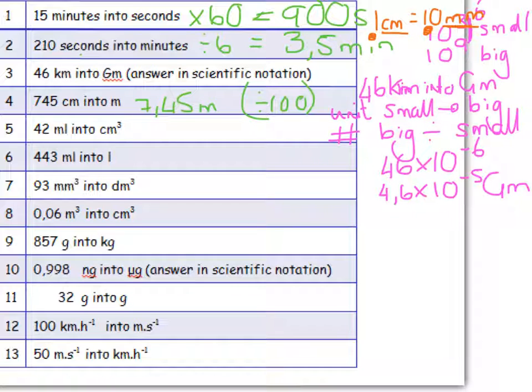If I'm going from milliliters into centimeters cubed, 1 milliliter is 1 centimeter cubed, so that's absolute equivalency, and you're going to land up with 42 centimeters cubed.